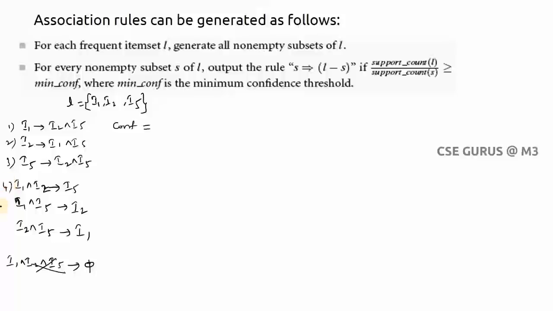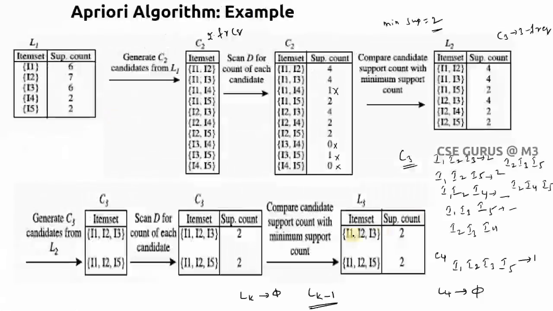3, 4, 5, 6. So confidence is equal to support count of L by support count of S. What is L? I1, I2, I5. What is the support count of I1, I2, I5? If you see our previous frequent itemsets, the count is 2. Like this we need to consider.